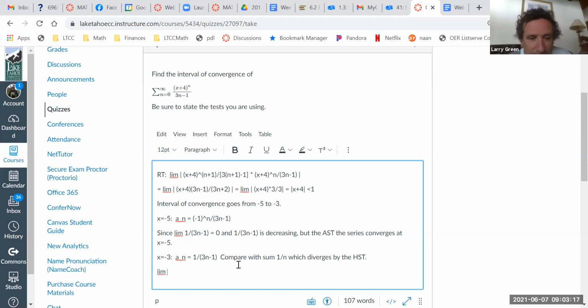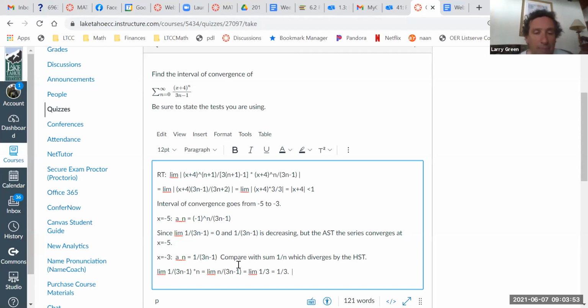We take the limit of 1 over 3n - 1 divided by 1 over n, or times n. That's equal to the limit of n over 3n - 1. Again, we can use L'Hopital. So that's the limit of 1 over 3, which is 1/3.